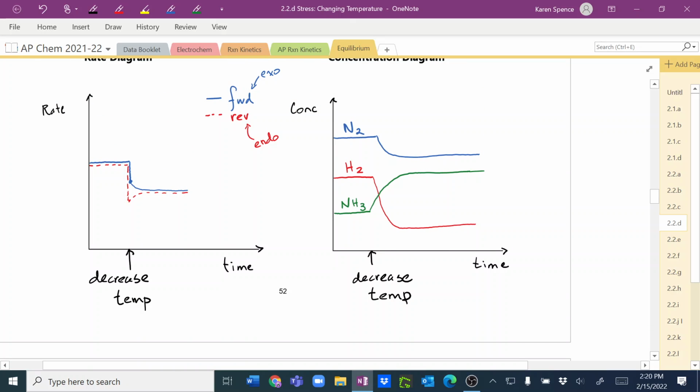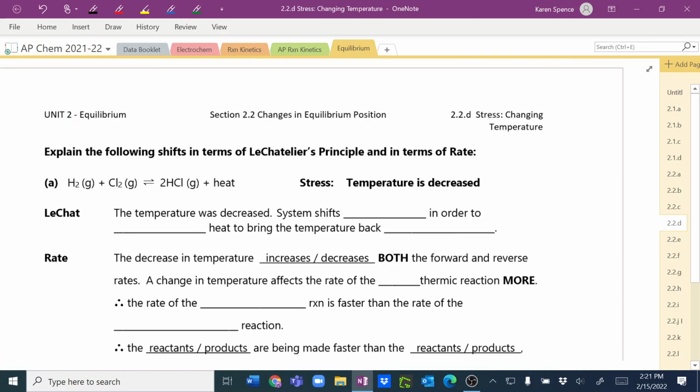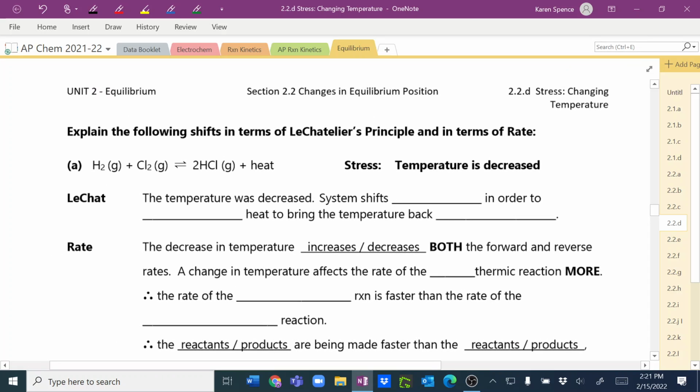Now, do we need this up here for a little bit longer, or can we continue on? We can continue on? Okay. So, explaining these shifts in terms of Le Chatelier's principle and in terms of rates. If the temperature was decreased, the system shifts whichever direction.